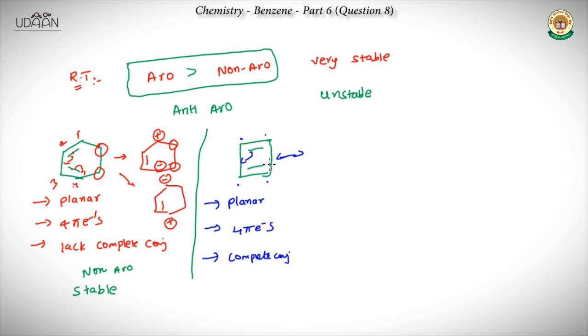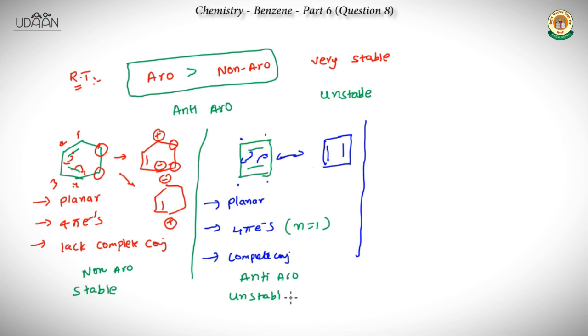This bond shifting this direction and this shifting this direction, you will get this one. So here it satisfies the condition for anti-aromatic compounds where it is 4n with n equal to 1, and so it is an anti-aromatic compound and it is unstable at room temperature.